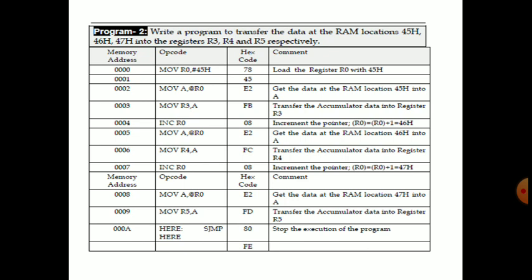If you write those 3 instructions, it's well and good. If any of you followed this method, it is excellent. Because we may directly think of the direct instruction, but if we don't have the direct instruction, then we should use other instructions and other addressing modes also.